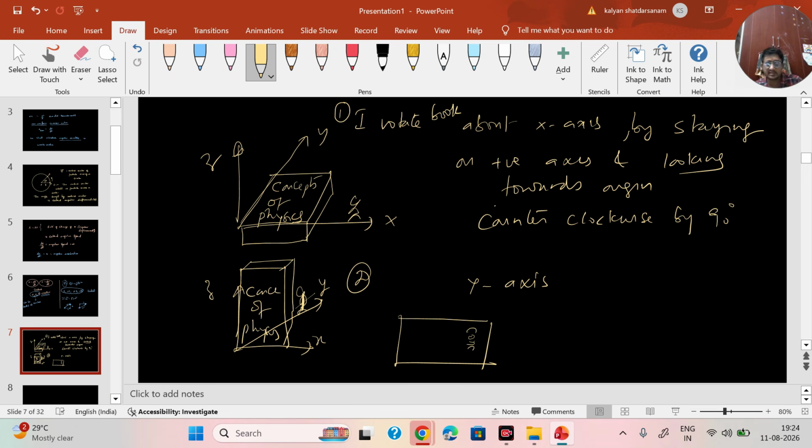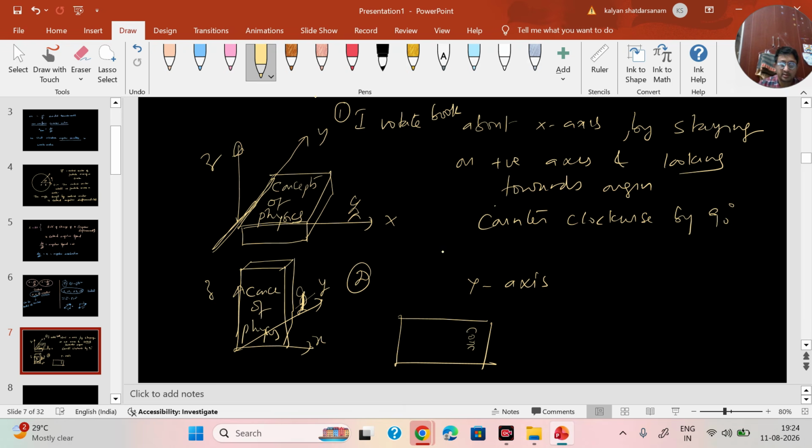Now I will reverse these rotations. First I rotated the book about the x-axis by staying on the positive x-axis and looking towards origin, by 90 degrees anti-clockwise. Then I did the same thing about the y-axis. If you reverse the rotation, suppose first you rotate the book about the y-axis, for us it will be clockwise rotation.